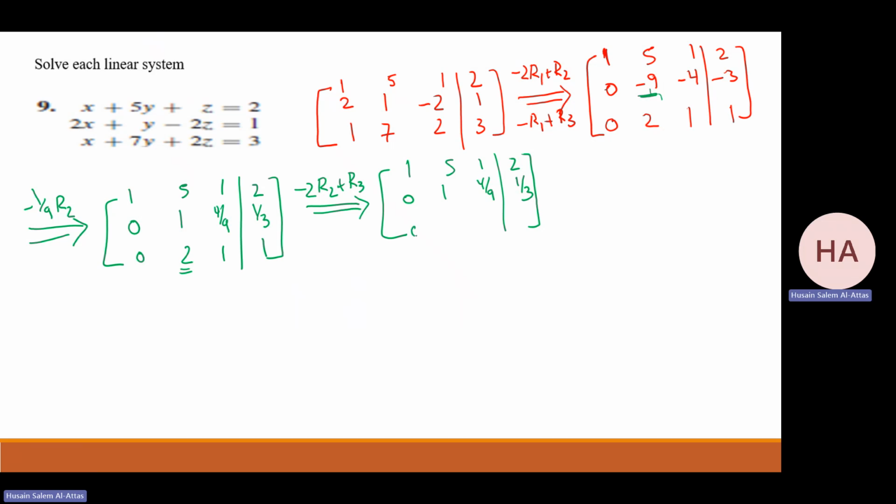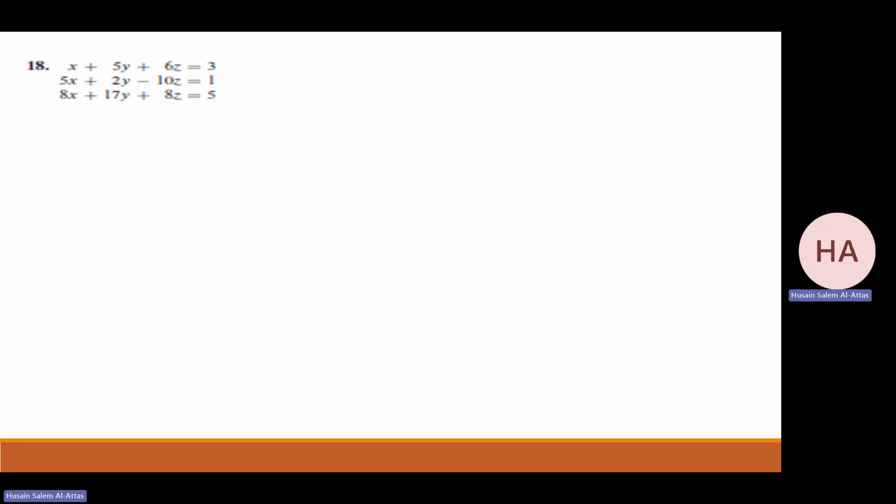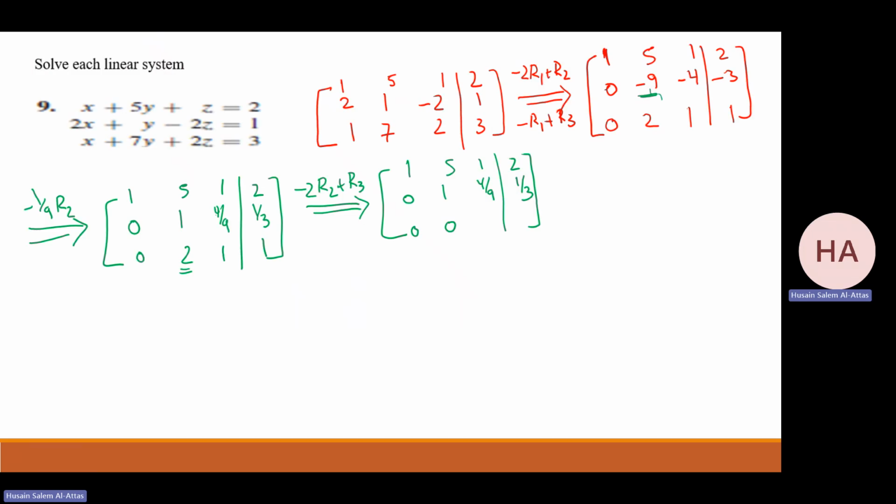That will be 0, the same. That will be 0. Minus 8 over 9 plus 1, that will be minus 1 over 9. 1 is 9 over 9, and this is minus 8 over 9, so that will be 1 over 9. Minus 2 over 3 plus 3 over 3 will be 1 over 3.